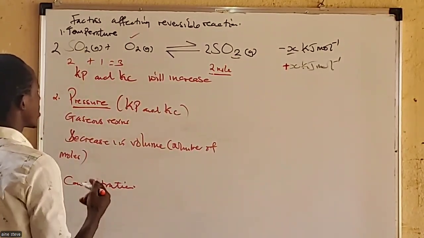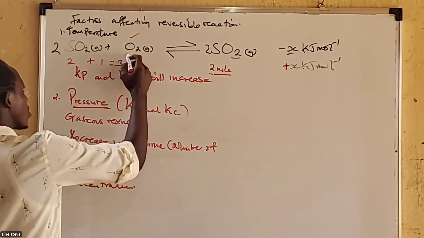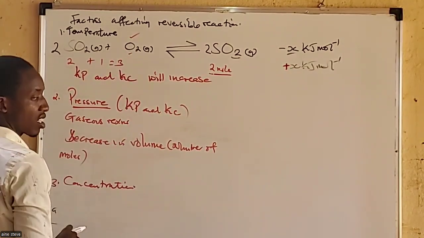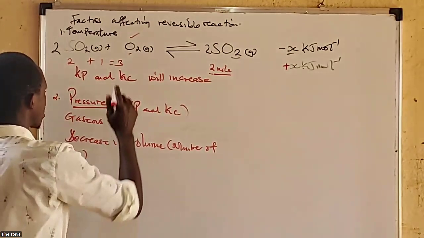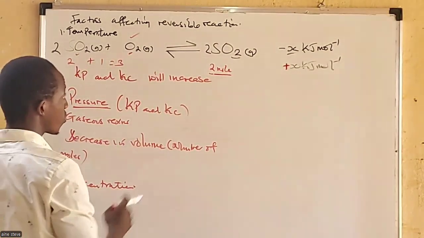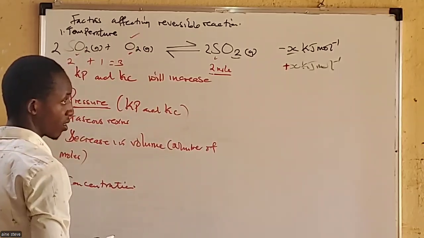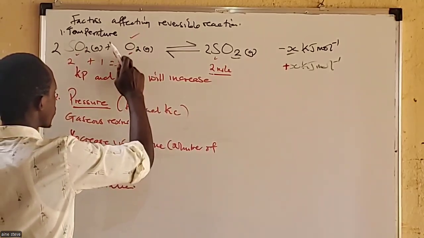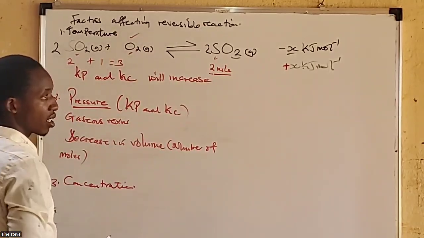So when you increase the concentration of oxygen, more of the oxygen is going to react with sulfur dioxide to form sulfur trioxide. So the equilibrium will shift from the left to the right.